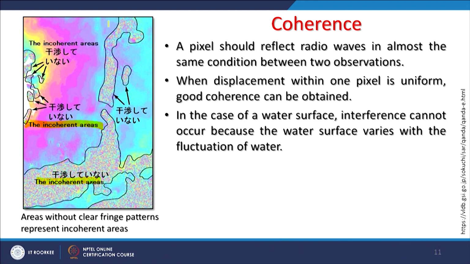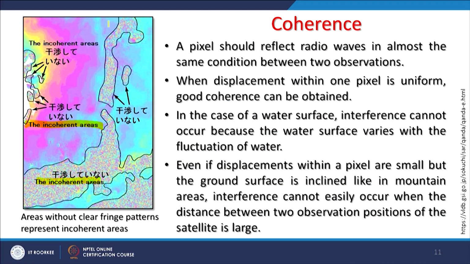But when this is not there, then you do not get good coherence. For example, in case of a water surface, interference cannot occur because the water surface varies with time. So, if there is a 35 days time difference between 2 images, which is very common, then the surface conditions of water will be different, and therefore we may not get coherency in our analysis of these 2 scenes.